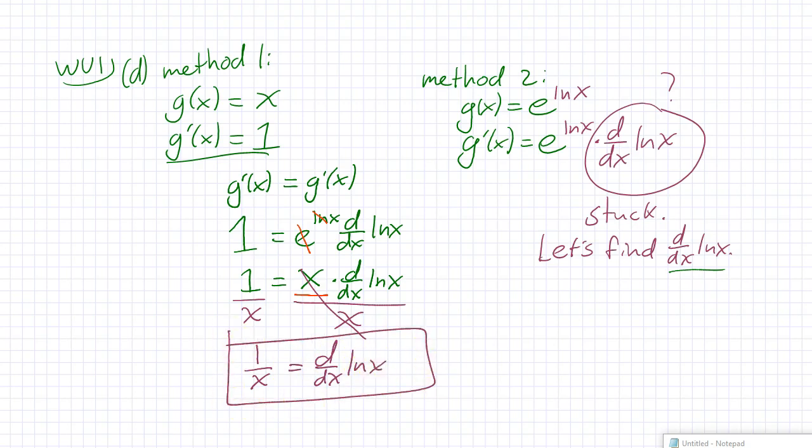So this is a method to find the derivative of natural log. So you have two options. Well, one, this is a thing you have to memorize, but it's also a good thing to be able to figure out by using this property, that you could write it either as x and get the derivative, or write it this way and get the derivative, and those two functions must be equal, and then solve the equation for the d over dx of natural log this way.